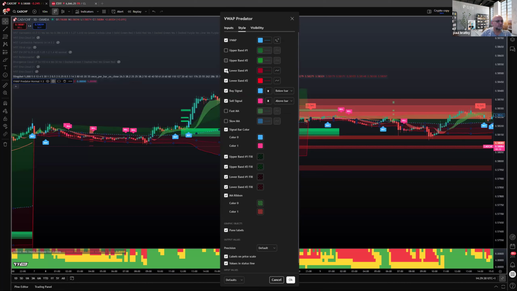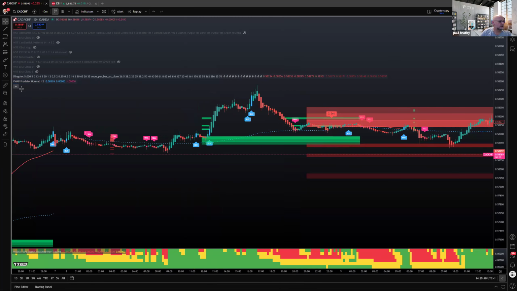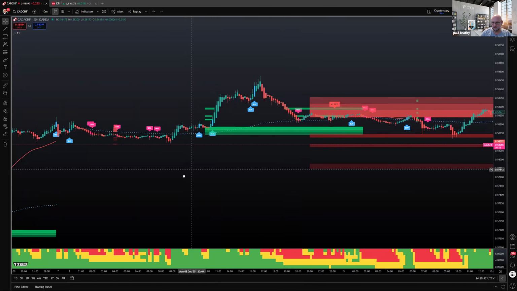It's going to leave the VWAP on. Just going to clean up those charts a little bit. Okay. So this is where combining non-correlated indicators that work on totally different rules work.